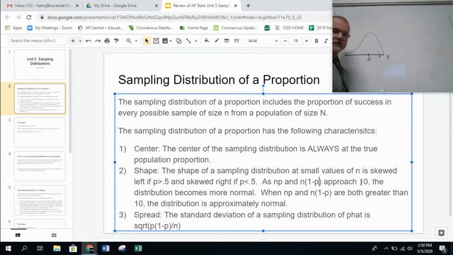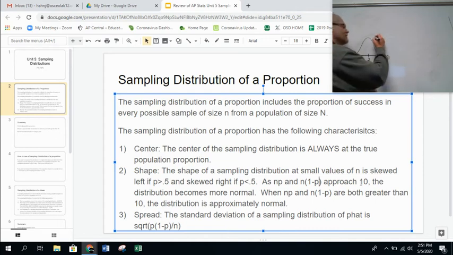In fact, when they become 10 or greater, the distribution is approximately normal. So it's not the population distribution, it is the sampling distribution. It's approximately normal, and it's still centered at the true population proportion. In this situation, np and nq must be greater than 10.